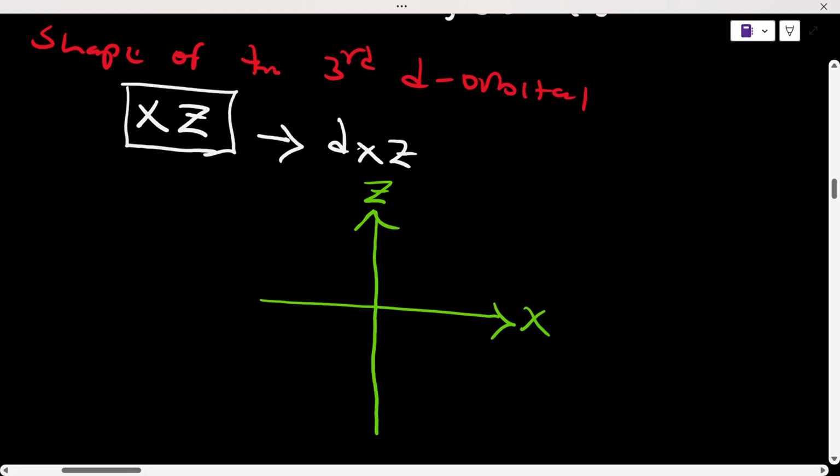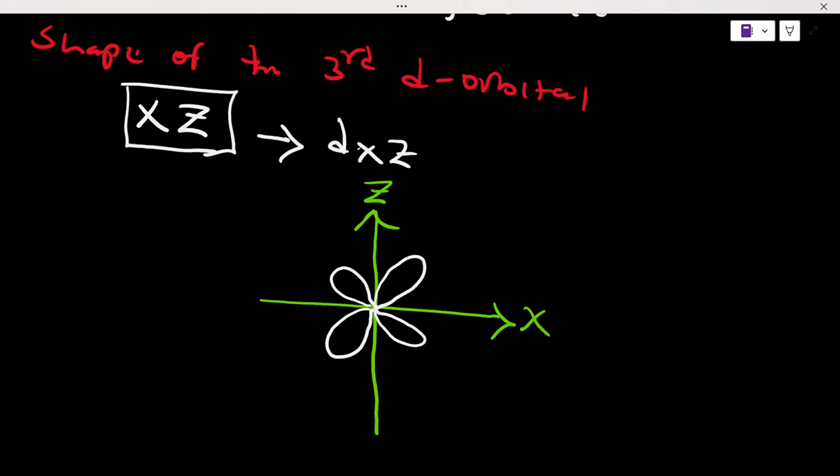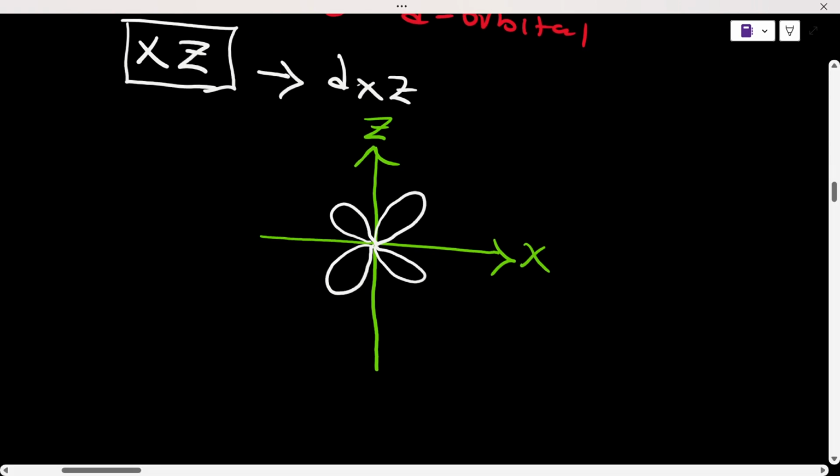And I'm going to put my orbitals between those spaces. So what does this one tell us?